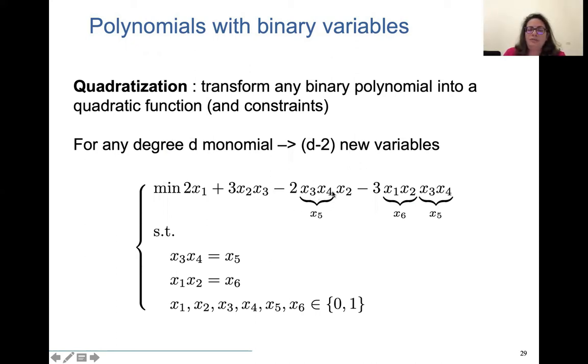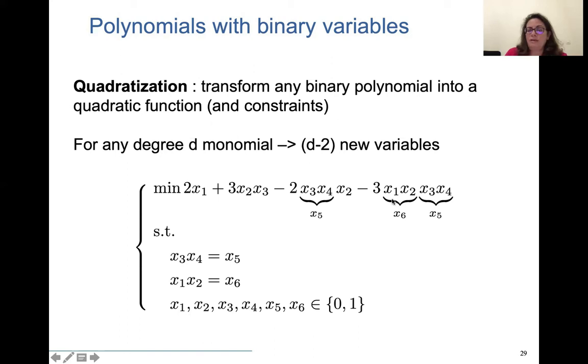you have a degree 3 monomial and a degree 4 monomial. You can replace the product x3, x4 by x5, both in this monomial and in this one. So you get here a monomial of degree 2, and here a monomial of degree 3.